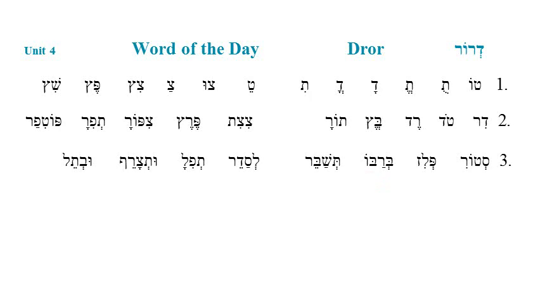Berabo, teshaber, lesader, tefila. Now remember the u, which is its own syllable. U, te, tsa, reif. Uvetel.